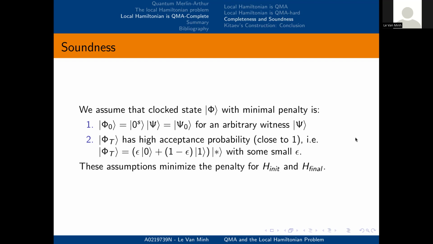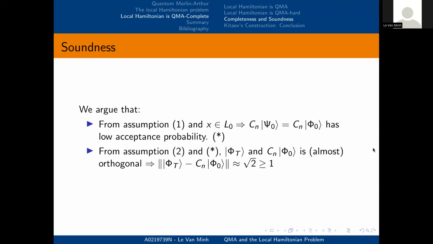This assumption minimizes the penalty for the initial term and the final term. And as a consequence of this assumption, for example, for the first assumption that x belongs to L0, this leads to Cn applied to phi 0 having low acceptance probability.